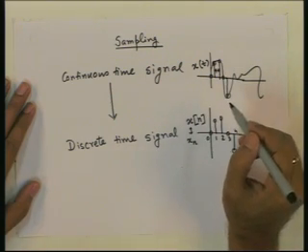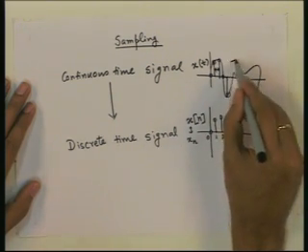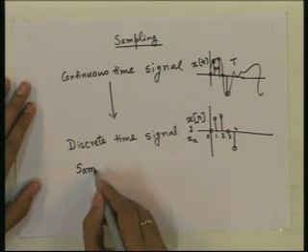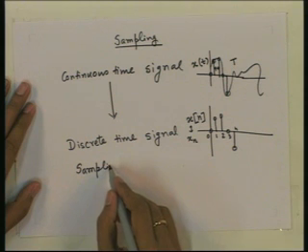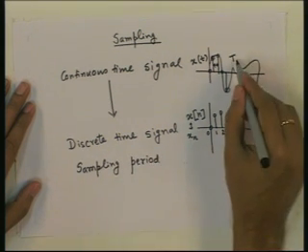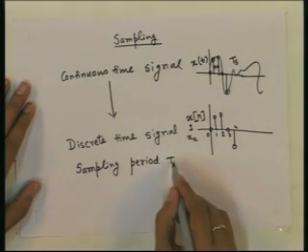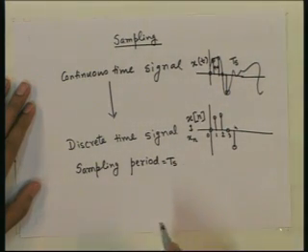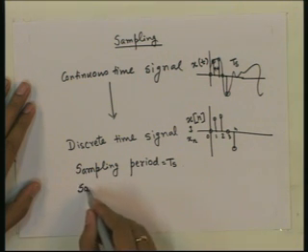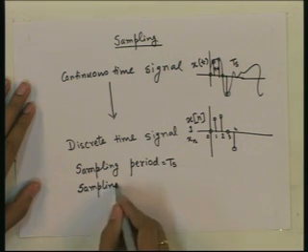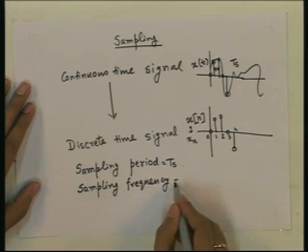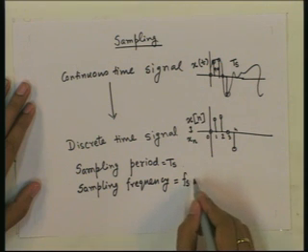So, that is the sampling period, which we will denote by T_s, and then 1/T_s is called the sampling frequency, which will be denoted by F_s.